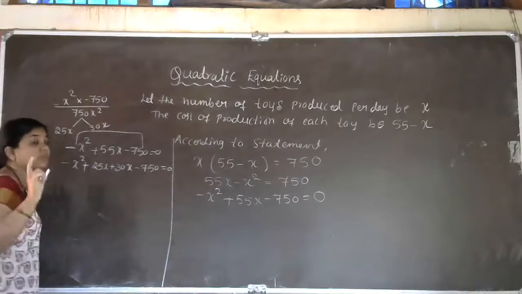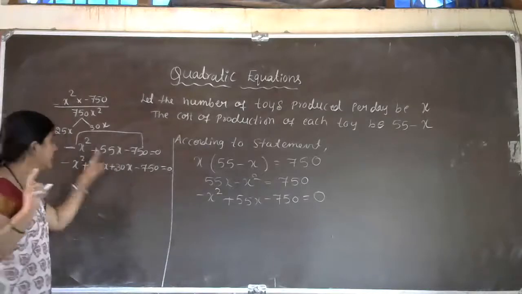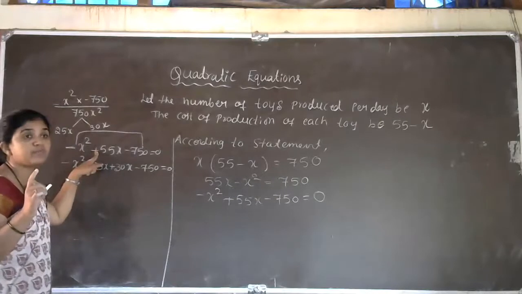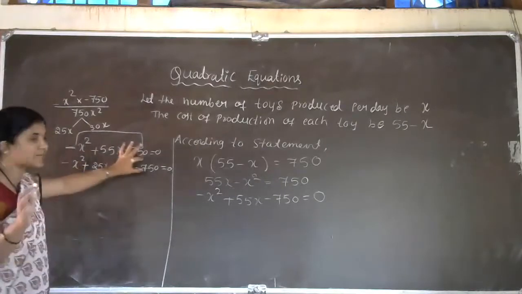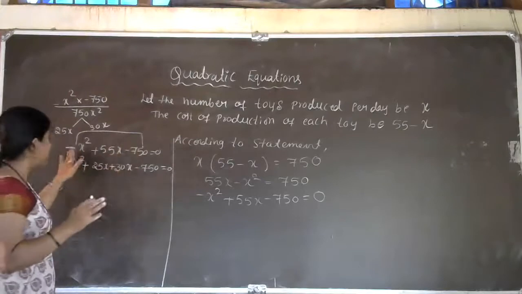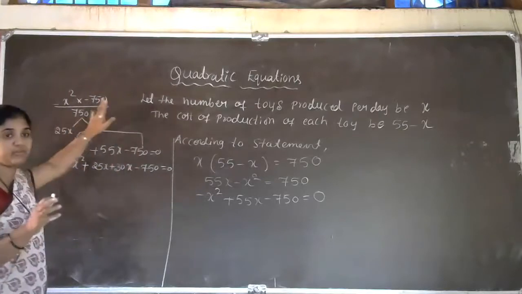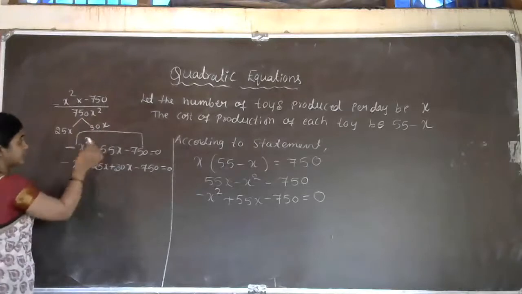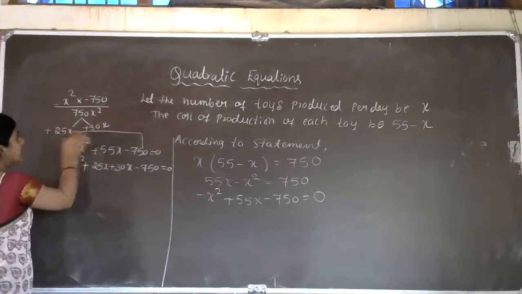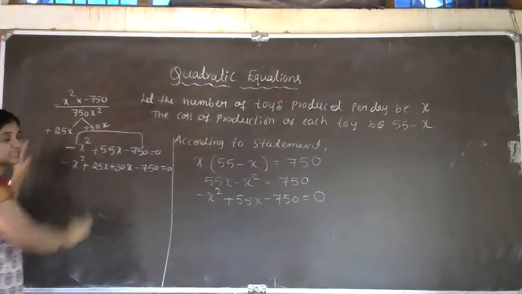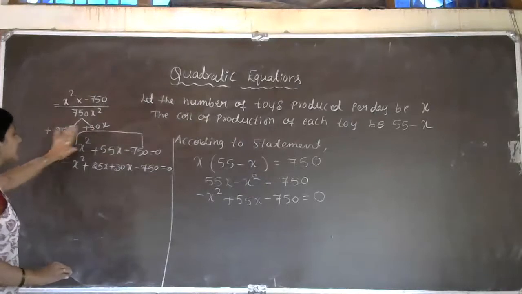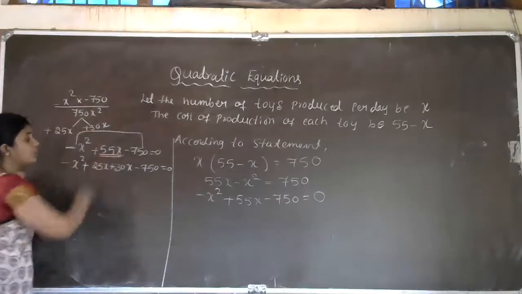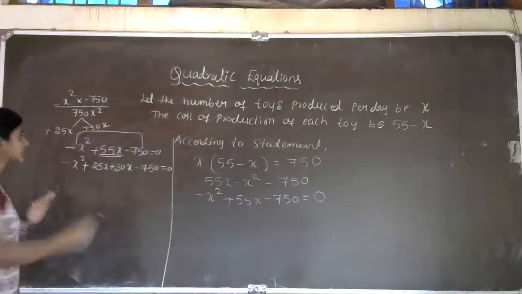We have to be very careful while taking the sign here. Here the answer is plus 55. But here not a problem because the product of the first and last term both are negative. Minus into minus is plus 750 x square. So the product plus 750 x square you need, in the sense plus 25x plus 30x. See here, product 25 into 30 is 750, plus into plus is plus only. Now 25x plus 30x gives the value 55x. Got the idea of this one?